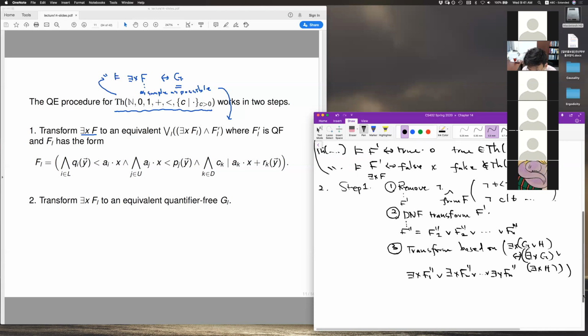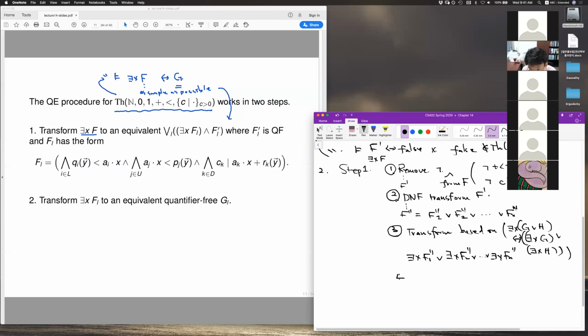And then the last step of the transformation uses another rule, which says that if we have an existential quantification over a conjunction, it is equivalent to exists x G conjoined with H, where the conjunct H can be taken out when H doesn't contain x.